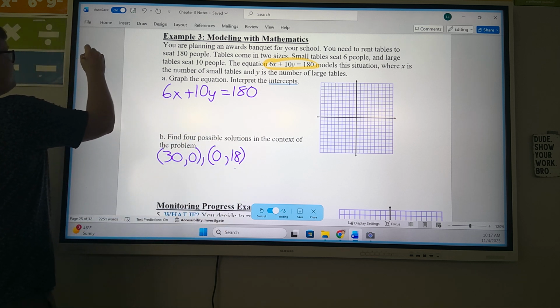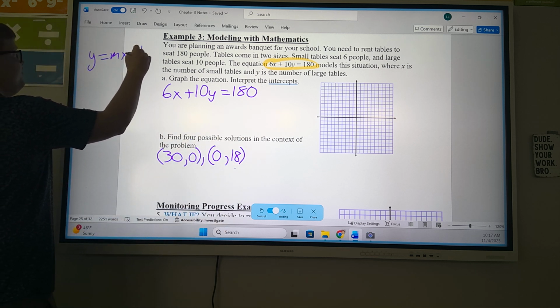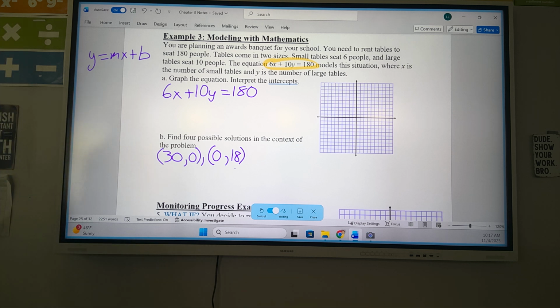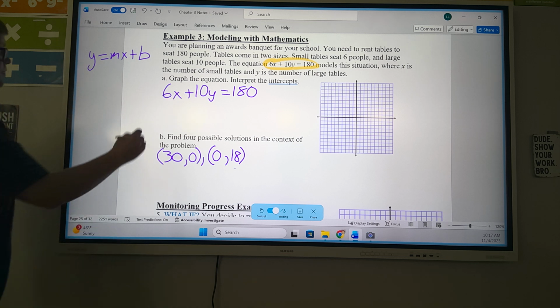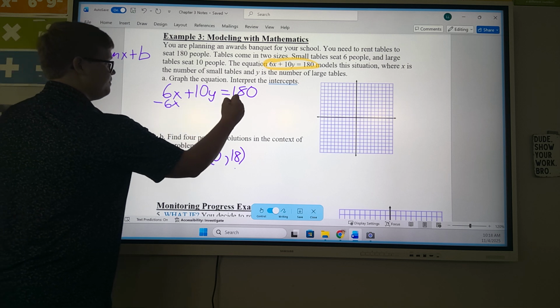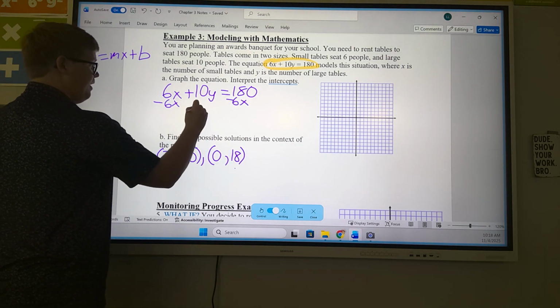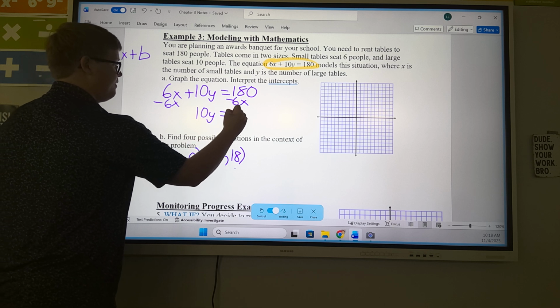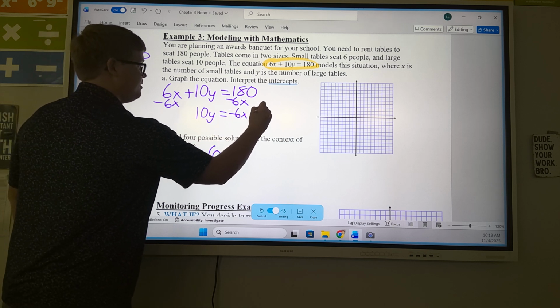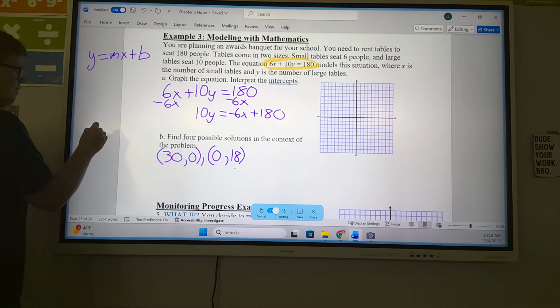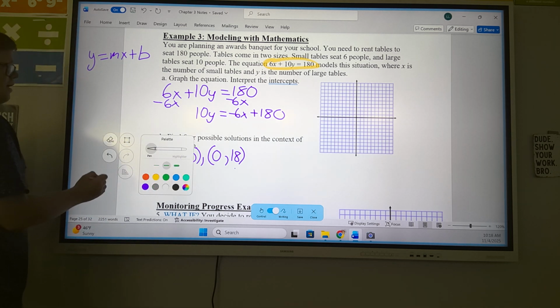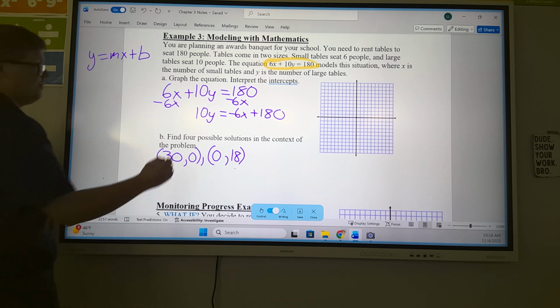Slope-intercept form is written as y equals mx plus b. We haven't talked about graphing slope-intercept form yet, but that's also another solution you could use. But if we're trying to get y by itself, just like slope-intercept form, we have to subtract 6x first. Then we'd be left with 10y equals negative 6x plus 180. Now our final step to get y by itself is divide by 10.